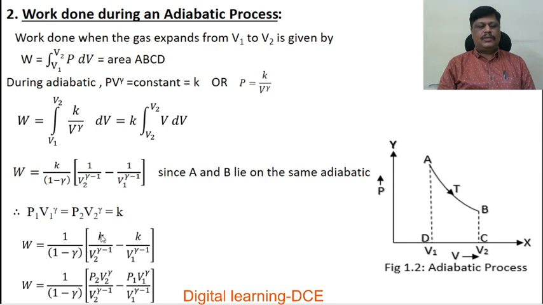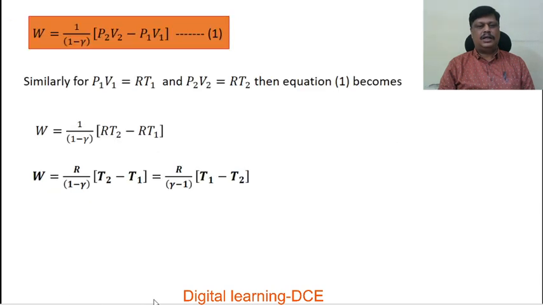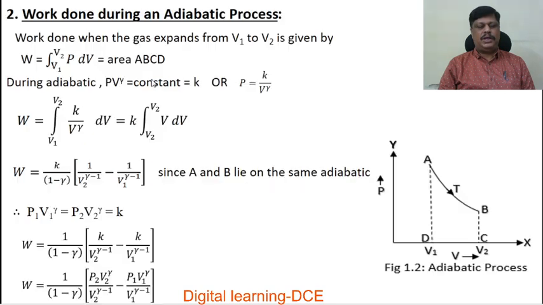Here PV to the power gamma is equal to constant K. So K can be written as P2 V2 to the power of gamma over V2 to the power of gamma minus 1, and also K can be written as P1 V1 to the power of gamma over V1 to the power of gamma minus 1. On simplification, since V to the power of gamma minus 1 is in the denominator, taking it to the numerator it becomes V2 to the power of minus gamma plus 1.